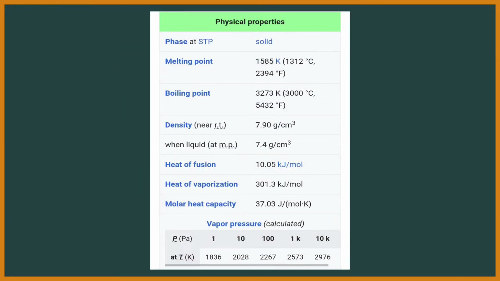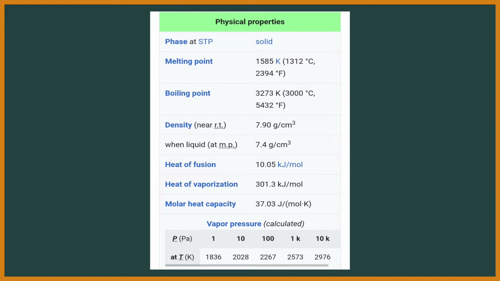So here are the physical properties of the element gadolinium. Phase at STP solid, melting point at 1585 Kelvin or 1312 degrees Celsius, and in Fahrenheit it is 2394 degrees Fahrenheit.